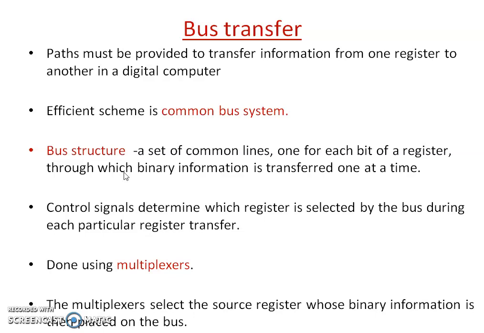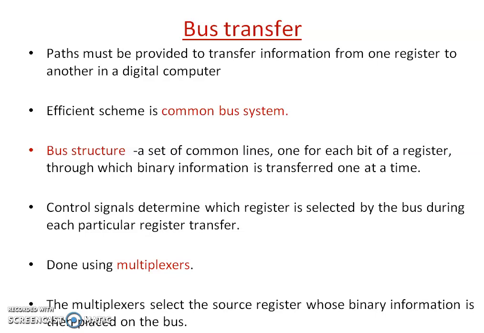So in previous classes, we have learned about the register transfer logic, starting with the inter-register transfer. The main purpose is that we will be implementing a digital system, and this digital system will be represented in the form of components such as a set of registers, and some information in the form of binary code that is stored inside the registers, and some operations that are performed on the information stored inside the registers.